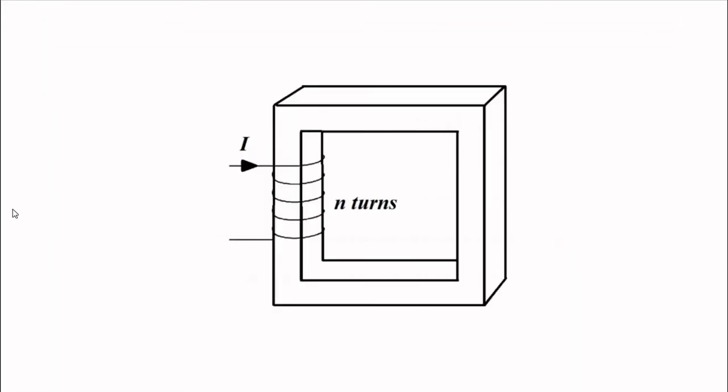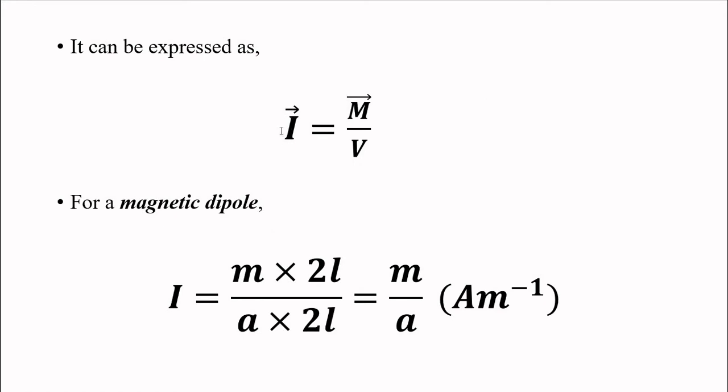Suppose this material is subjected to a magnetic field. How much magnetic moment is developed in it per unit volume gives us the intensity of magnetization I, which is a vector, the magnetic moment per unit volume.